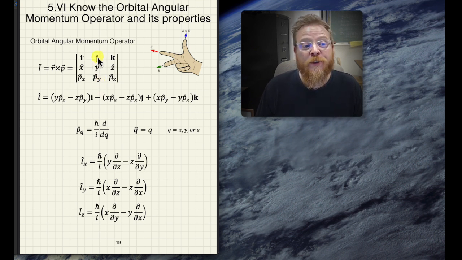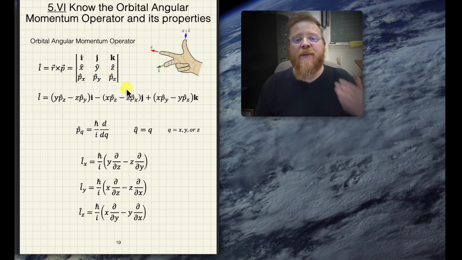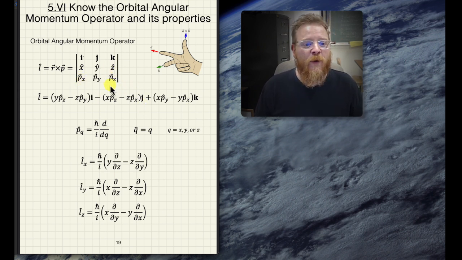Our unit vector j is going to be x pz minus z px, and then the unit vector k will be multiplied by x py minus y px. Okay, just making sure I don't have any mistakes in there.